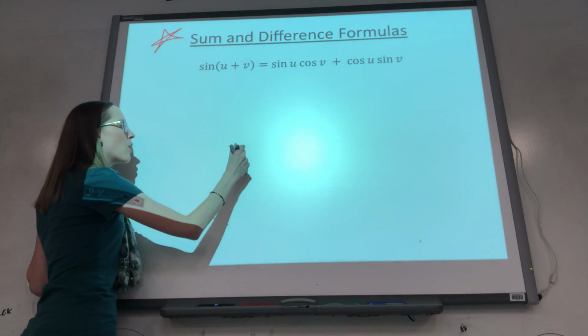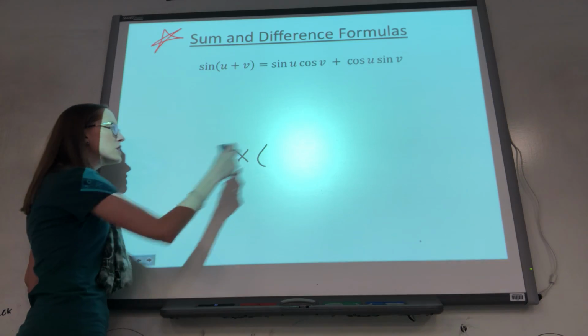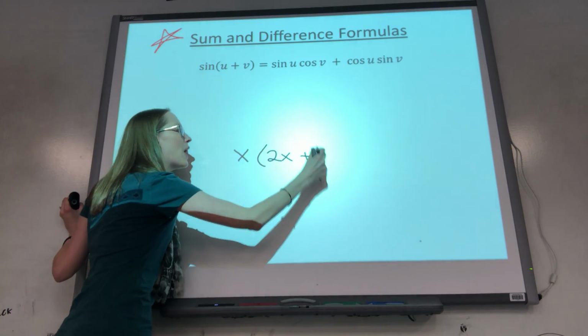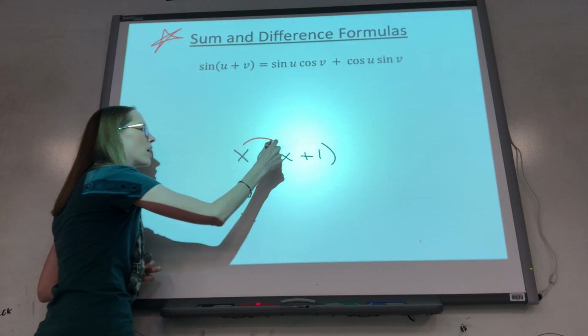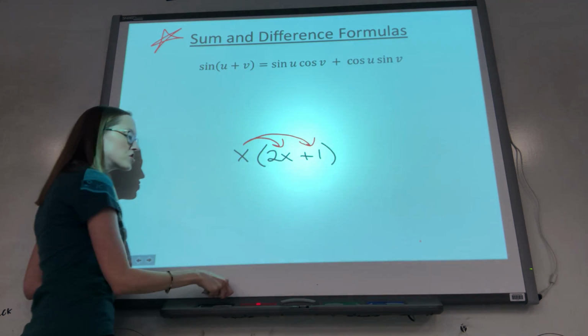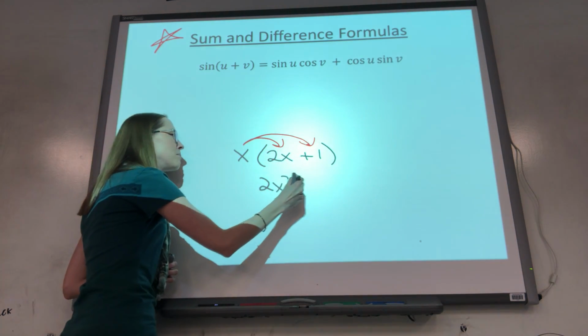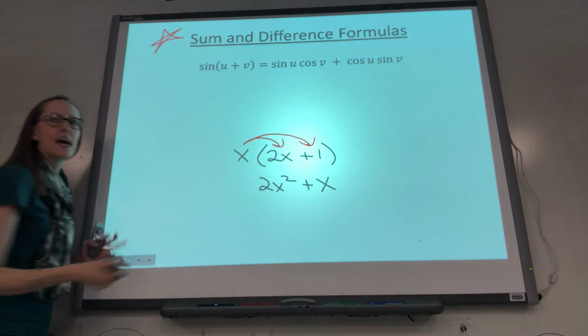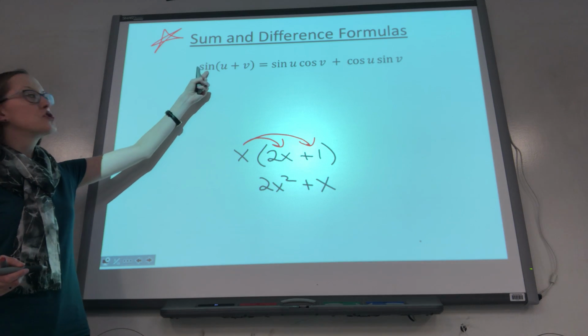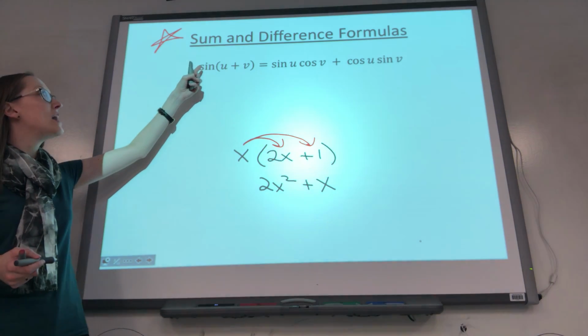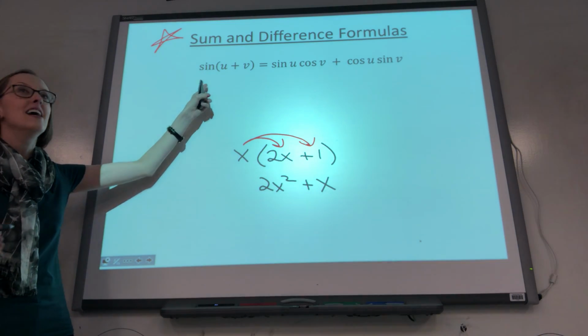Like a long time ago in algebra, you learned that if you had something like x times 2x plus 1, you could distribute the x and make it 2x squared plus x, and that was fine. You can't distribute like that when it's a trig function, okay?